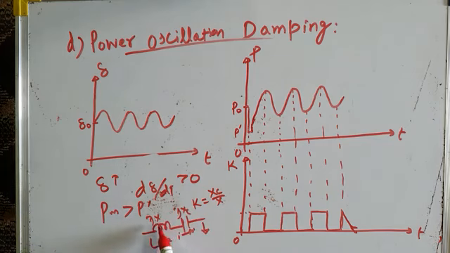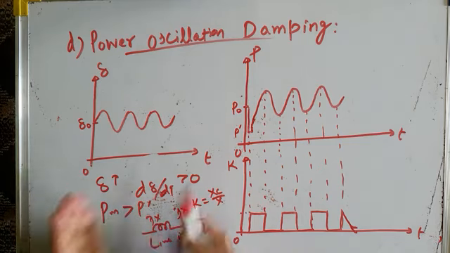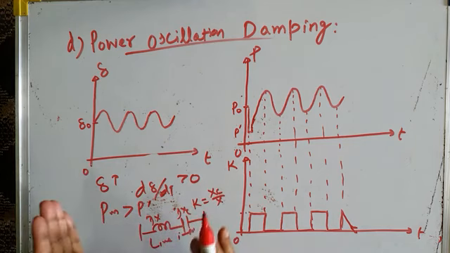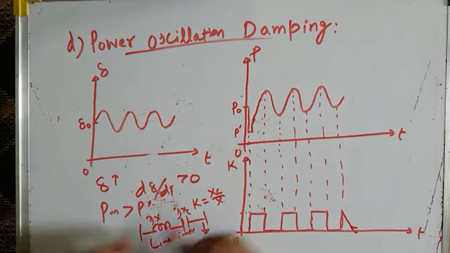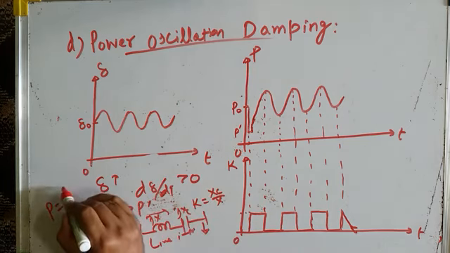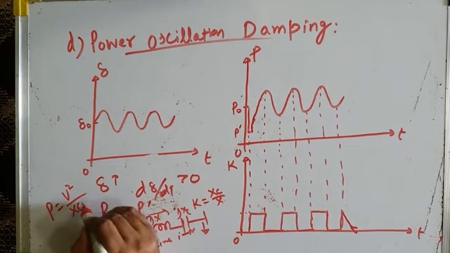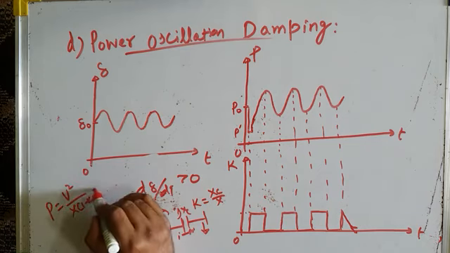With series compensation, it is jX minus jXC. So overall line impedance decreases, and therefore overall voltage between the two buses increases. When voltage increases and impedance decreases, the power transmitted over the line increases, because this P is given by V square by X into 1 minus K sine delta.